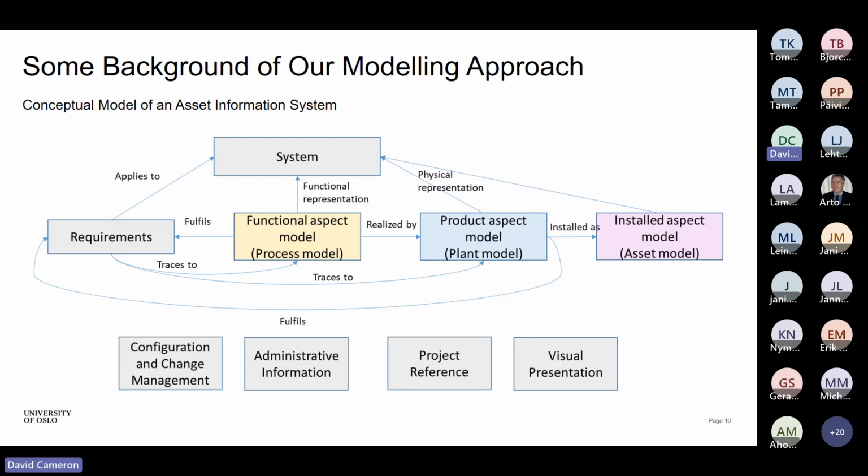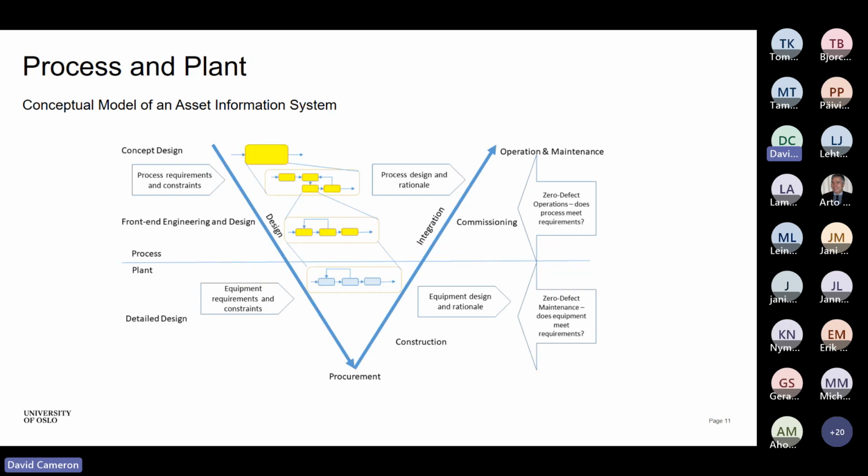So we can see the same idea. You can apply that to the V model, where during conceptual design, you're building up a breakdown of functional systems that are giving you your process requirements and constraints. And then as you move from process engineering to plant engineering and detailed design, you're applying your equipment requirements and constraints to define the artifacts that will realize your design.